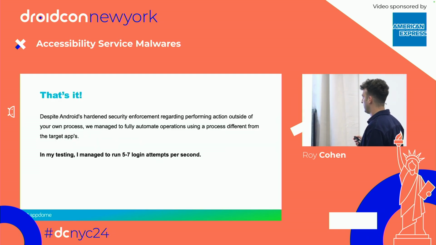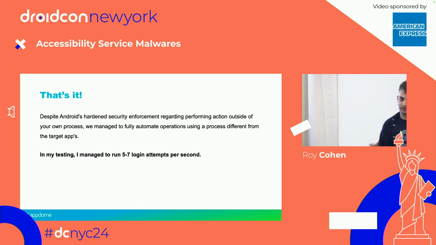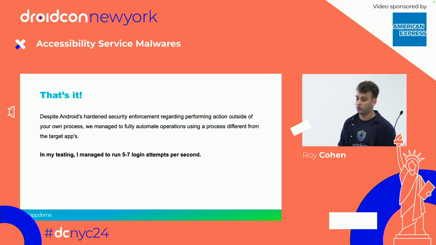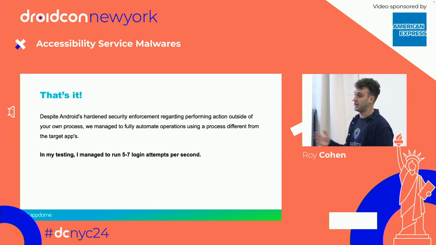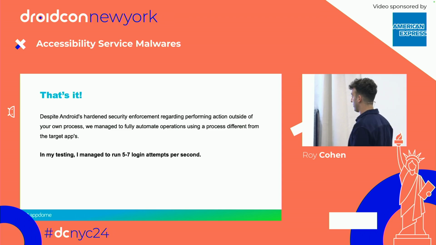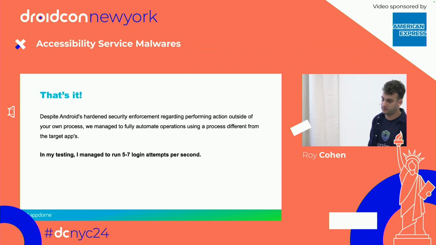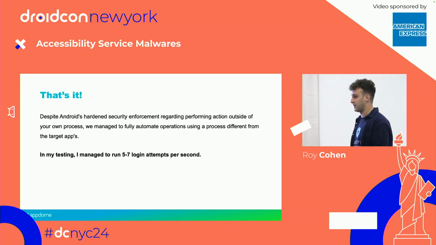Now, Android, as you know, hardened, many releases ago, the option to perform actions outside of your process. Using the accessibility service framework, we basically managed to bypass all of that and to run some stuff outside of our process and attack the server with it.